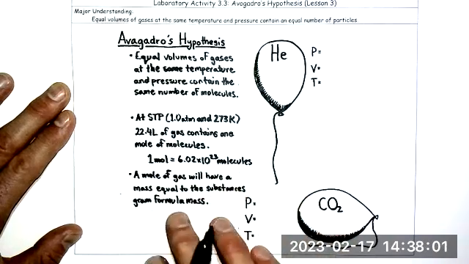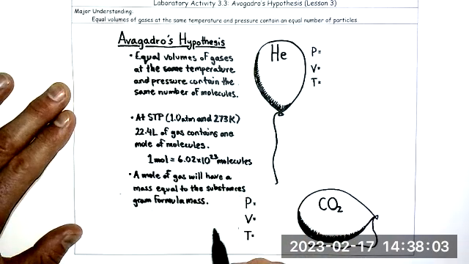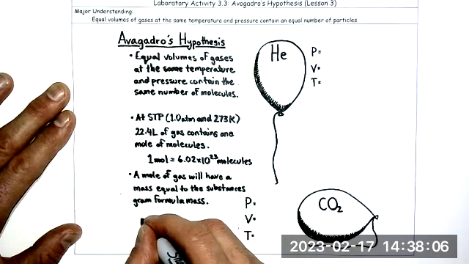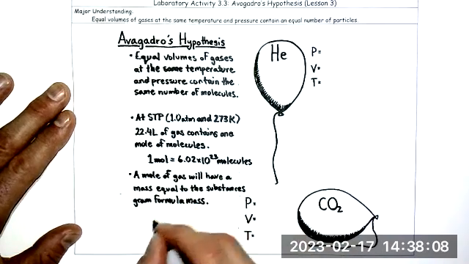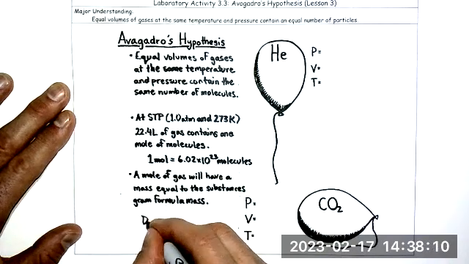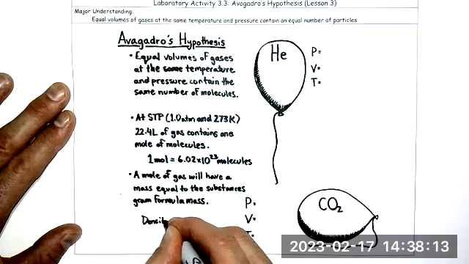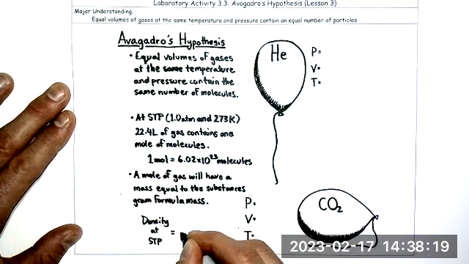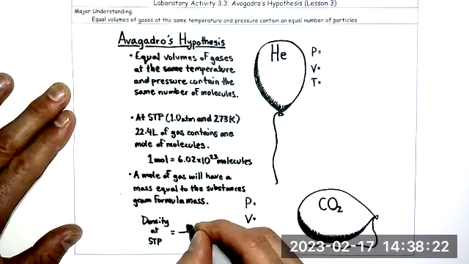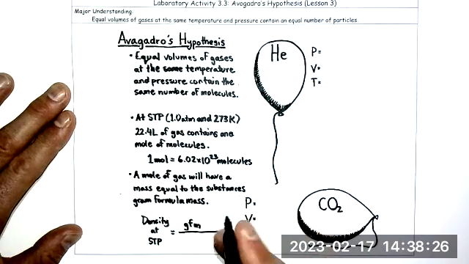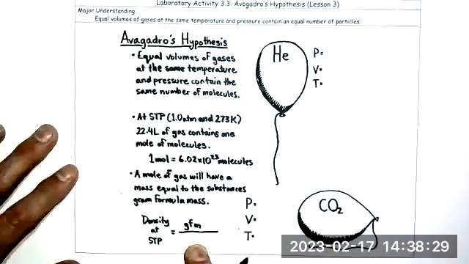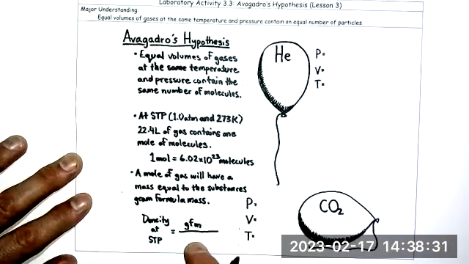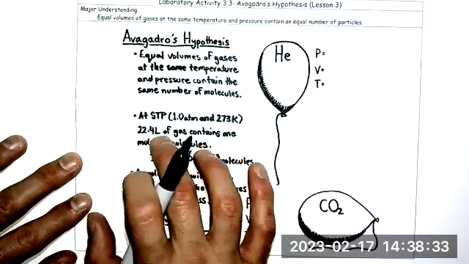Okay, and since that's the case, we can use this to figure out the density of our gas at STP. So density at STP will equal the mass, which is our gram formula mass, over our volume of 1 mole of that gas, which would be 22.4 liters.